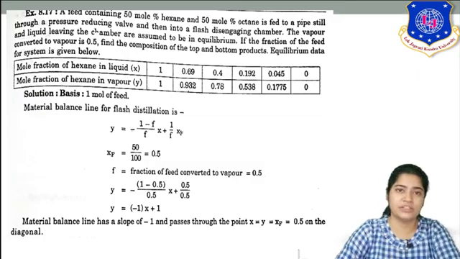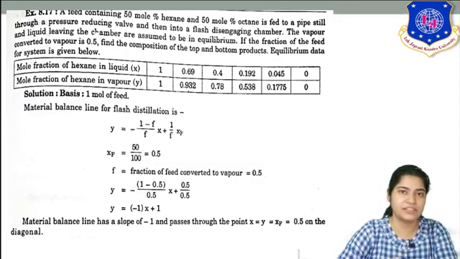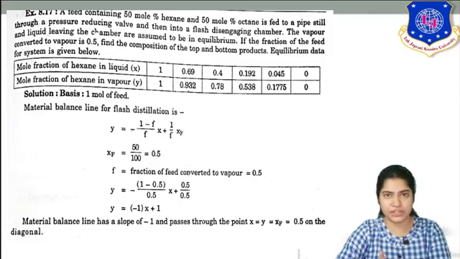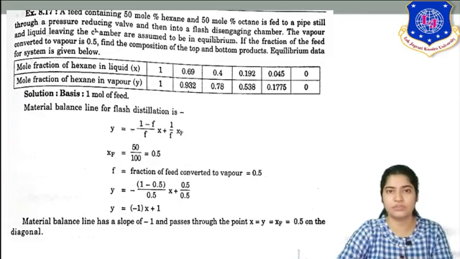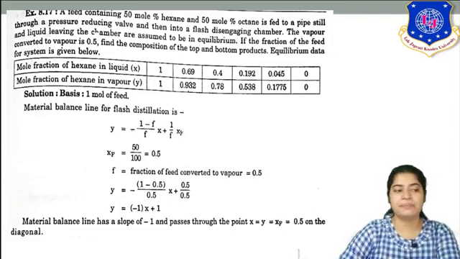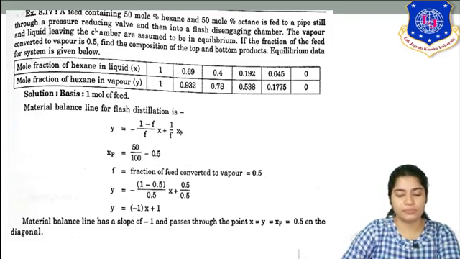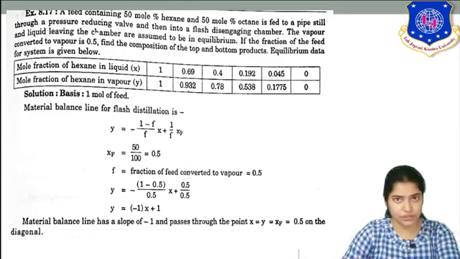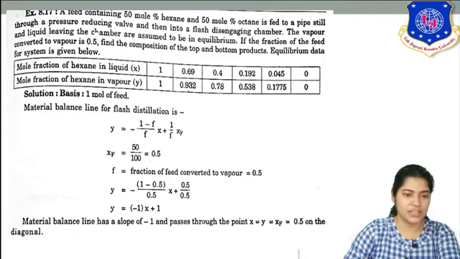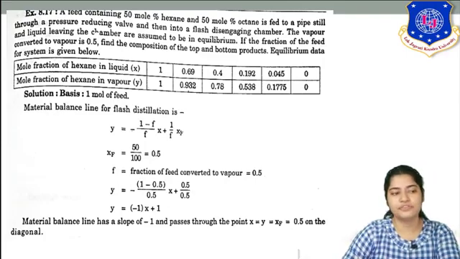The whole flash vaporization method is explained here: first heating is done, then the pressure is reduced. That procedure is flash vaporization. The vapor and liquid leaving the chamber are assumed to be in equilibrium, which was the condition of flash vaporization, that the vapor and liquid compositions are in equilibrium. If the fraction of feed converted to vapor is 0.5, what is 0.5 here?